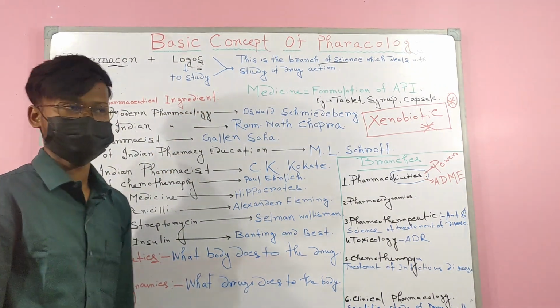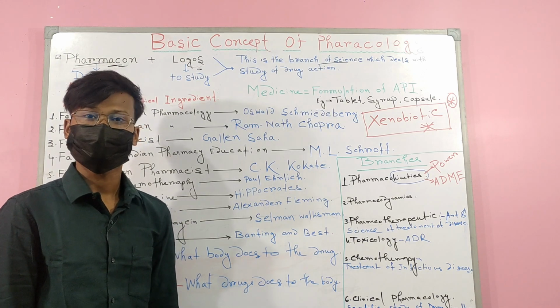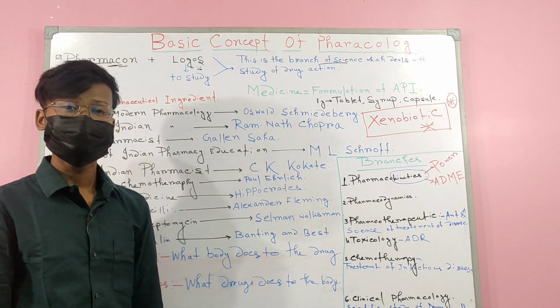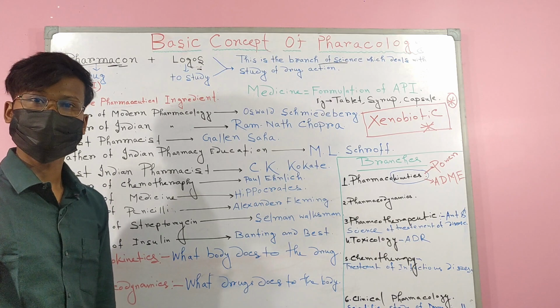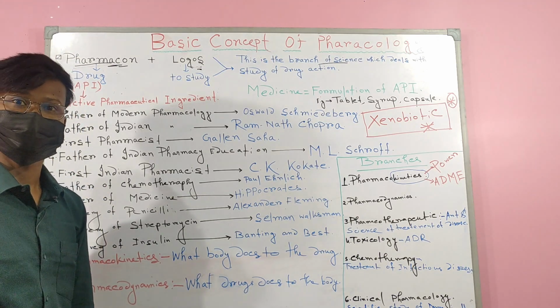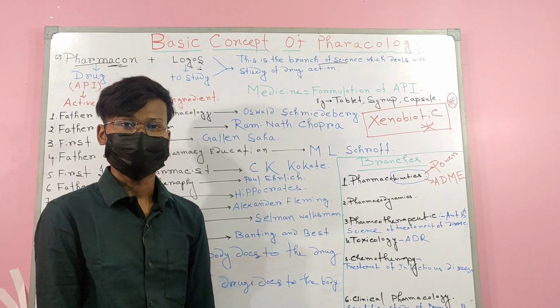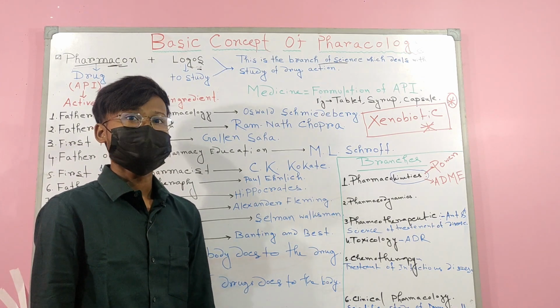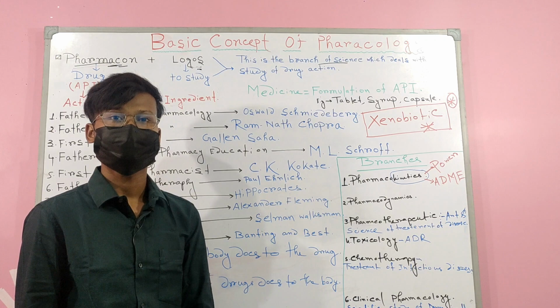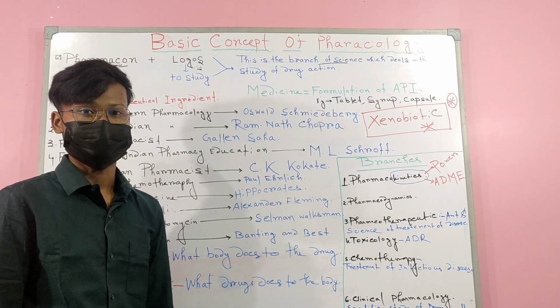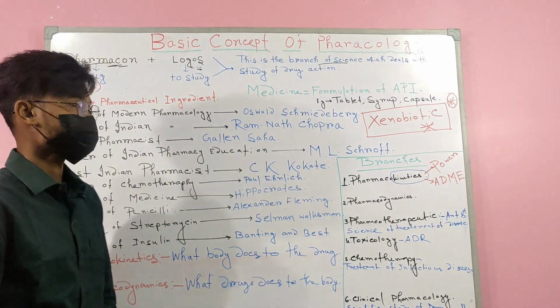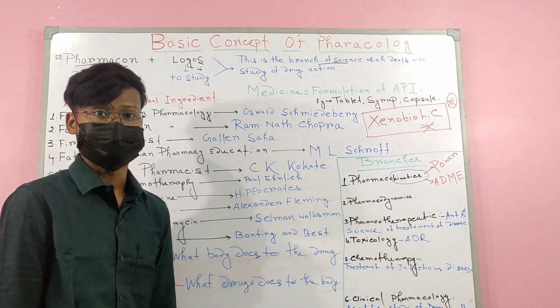As an example, suppose we are suffering from fever. At this time, we will need an antipyretic drug such as Calpol, paracetamol. The API, the active pharmaceutical ingredient, is the substance which gives us the pharmacological action.